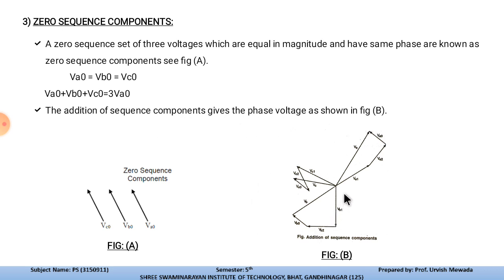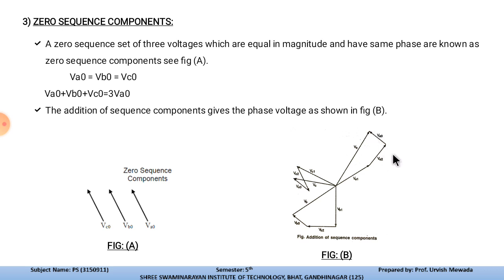Over here you can see the zero sequence component, positive sequence, as well as the negative sequence component, and the addition of the sequence components. This is the VA0, this is the VB0, and this is the VC0. All are having the same direction, and there is no phase displacement between these three.